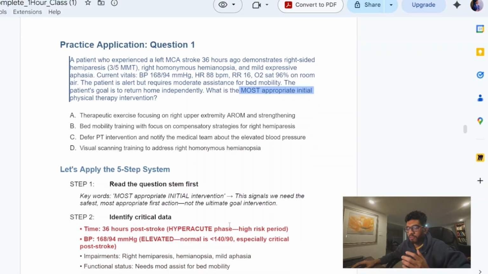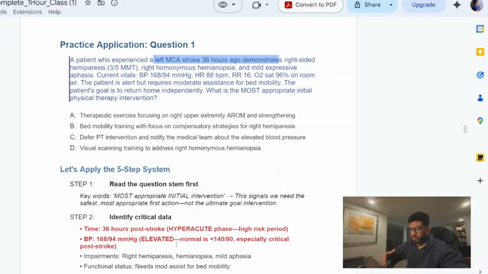Step 2, you're identifying the critical data. Okay. You need to look into the time of this, right? Left MCA 36 hours ago. I wrote it in red for a reason. This is the hyperacute phase, a very high risk period. BP 168/94 mmHg, which is elevated.